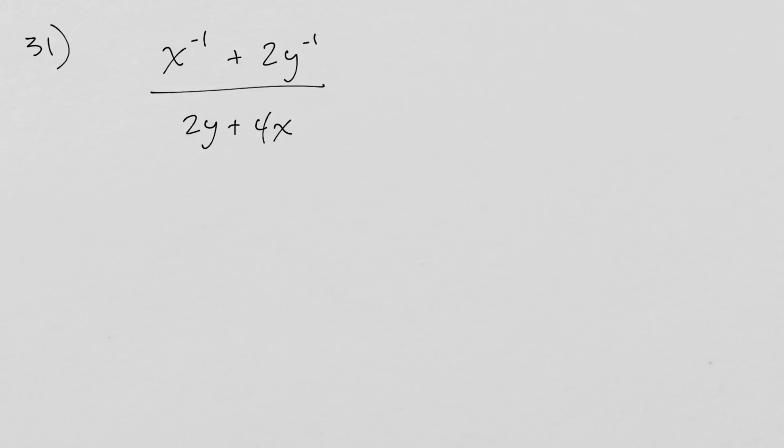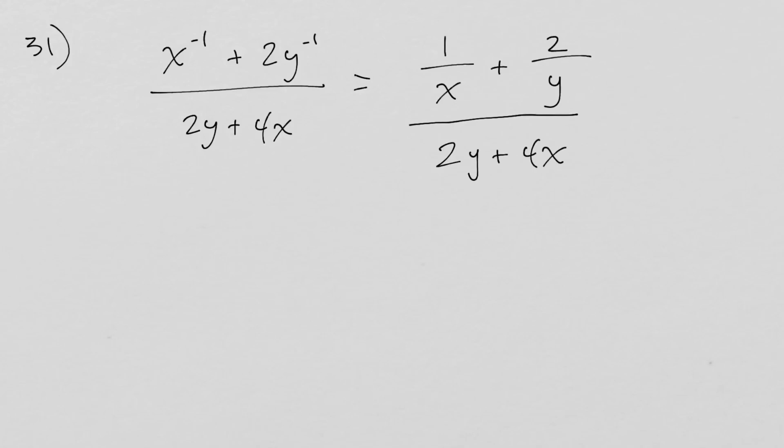Okay, we're going to rewrite this. Up top here we have 1 over x plus, now be careful, only the y has the exponent, the 2 does not. So the 2 remains in the numerator, but the y is the thing that's inverted. In the bottom we just have this. Okay, so our LCD is xy.